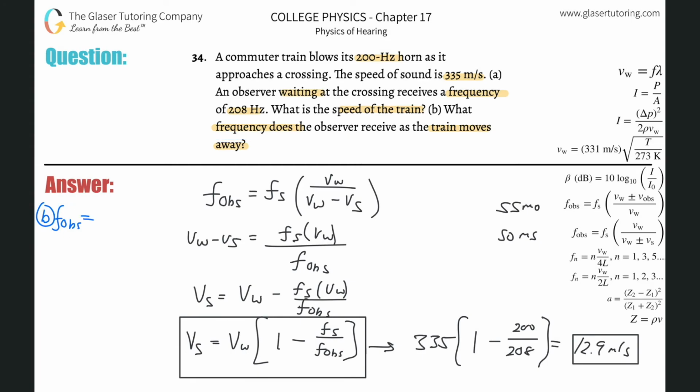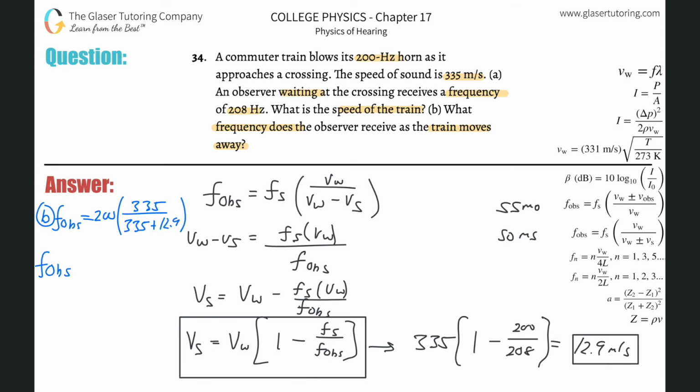It will equal, and I'm just copying this formula, the only thing I'm going to change is the plus sign in there, the frequency of the source, which again is 200 hertz, multiplied by the velocity of the sound, which is 335, divided by the velocity of the sound, which is 335, plus now the velocity of the source. We just found that, that's the 12.9. I'll probably use the exact value when I calculate it.